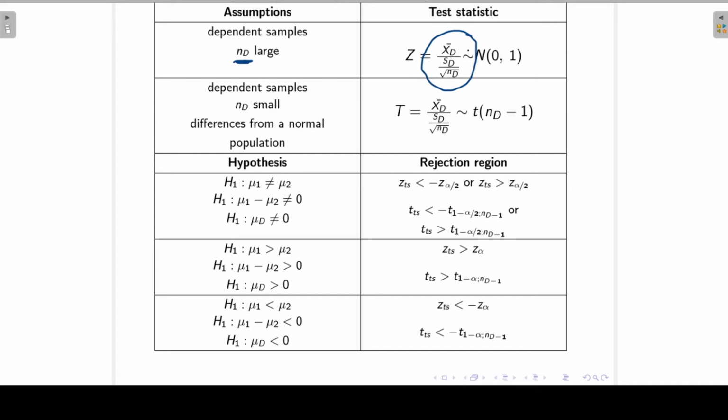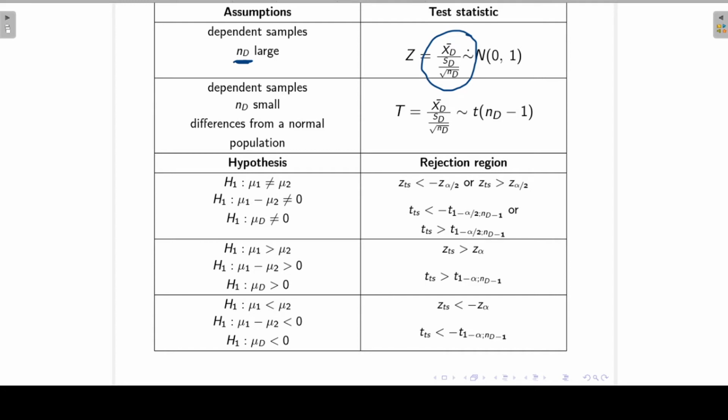Now, the test statistic is the mean of the differences. That is why we use the subscript D. It indicates that we are working now not with the individual samples, but with the differences between the two samples. So the test statistic is the mean of the differences divided by s_D, which is the standard deviation of the differences, over the square root of the number of differences, the sample size.